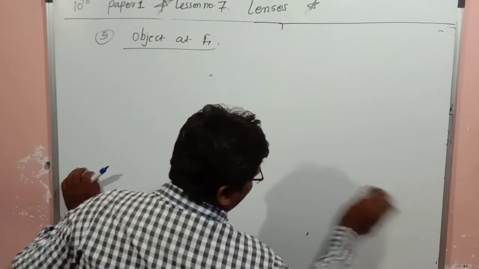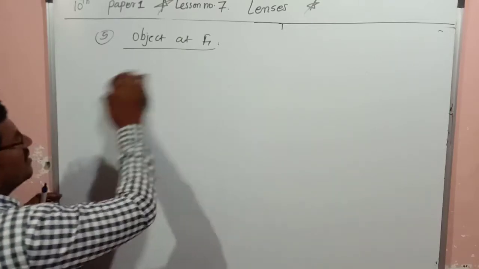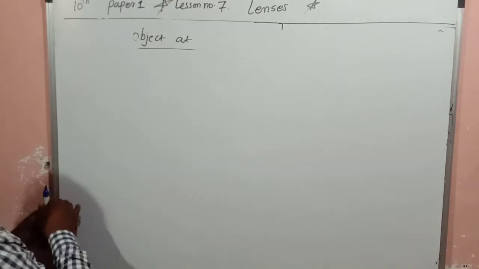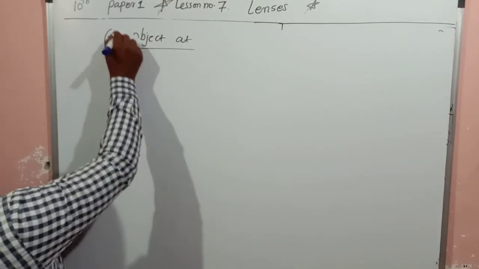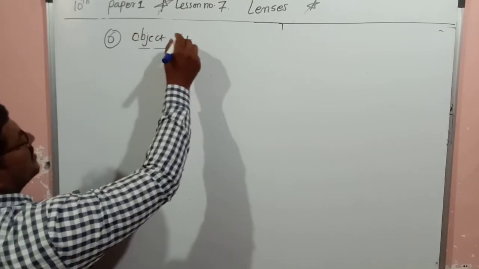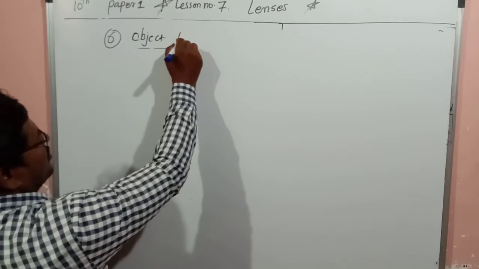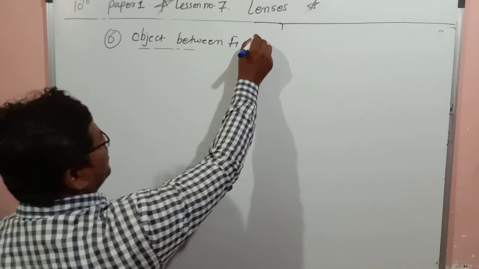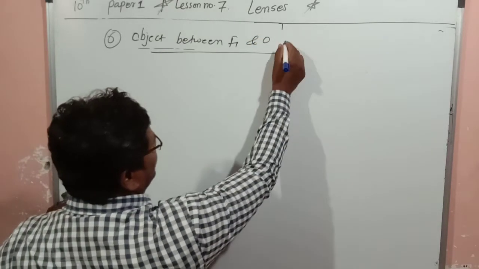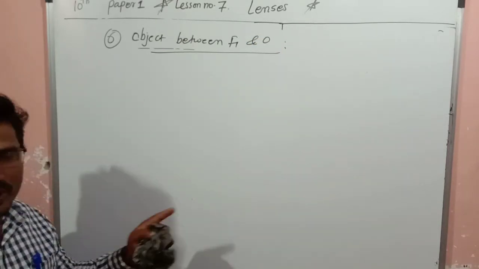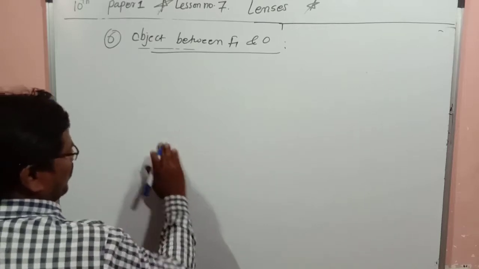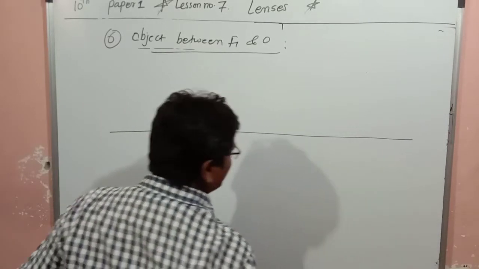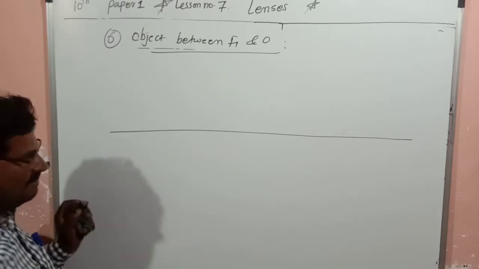For drawing the ray diagram, you have to use the rules. First, the principal focus and optical center. You have to draw one straight line. It will be your principal axis.